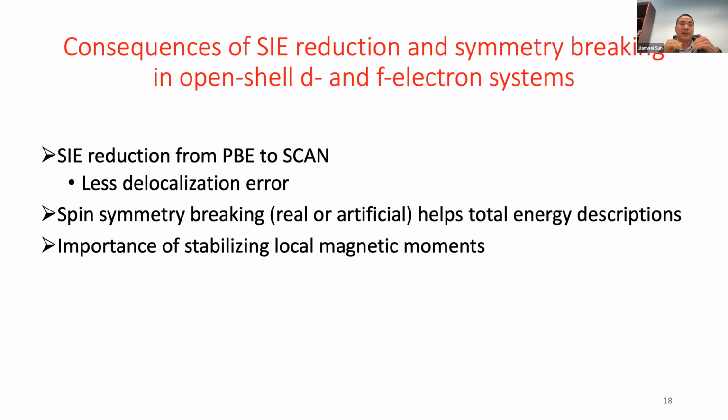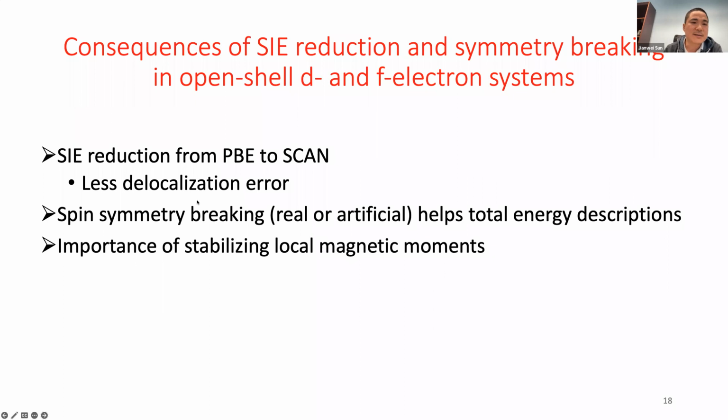Because the self-Coulomb repulsion is much stronger in this case than the exchange correlation component, and this self-Coulomb repulsion then has the tendency to push the electrons away.